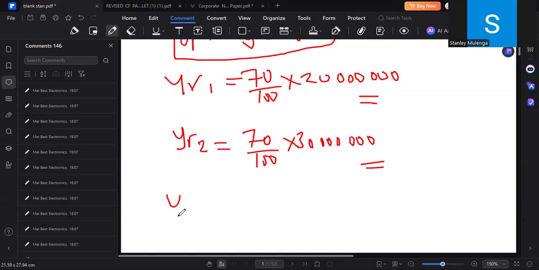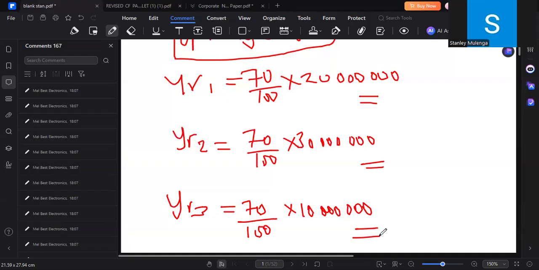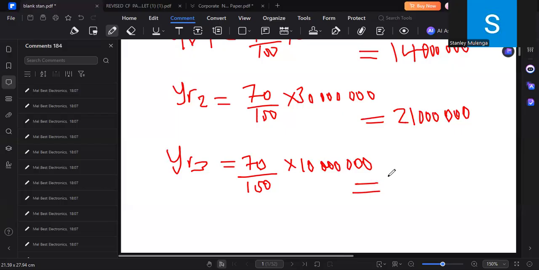Okay, so year three, 70 over 100 multiplied by 10 million. So for the first one, 0.7 times 20. So you see it's giving us 14 million. This one is 21 million. Then this one is 7 million.